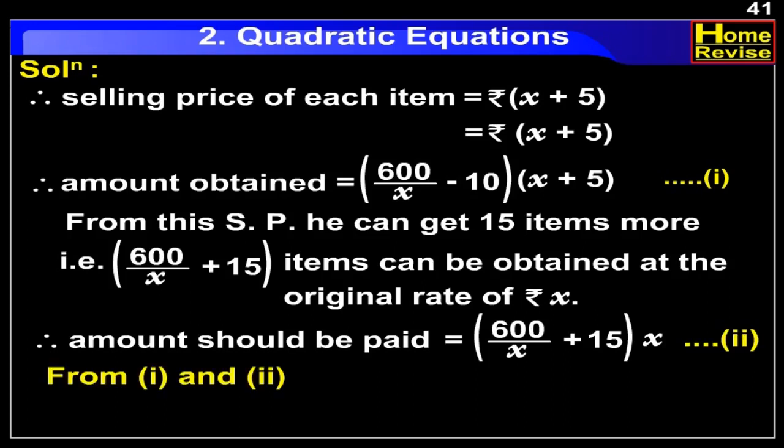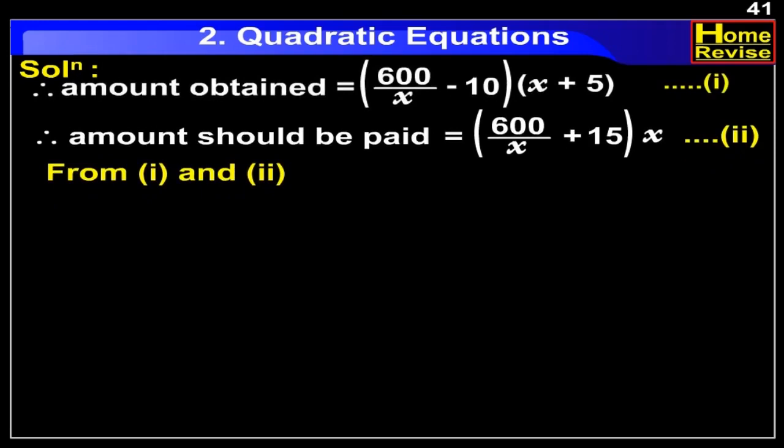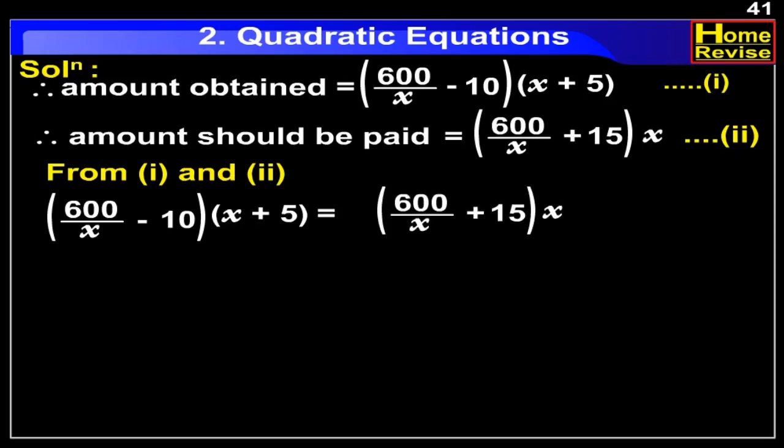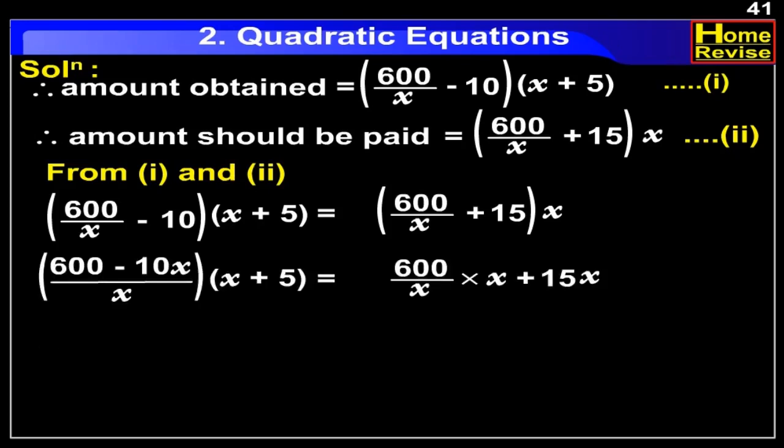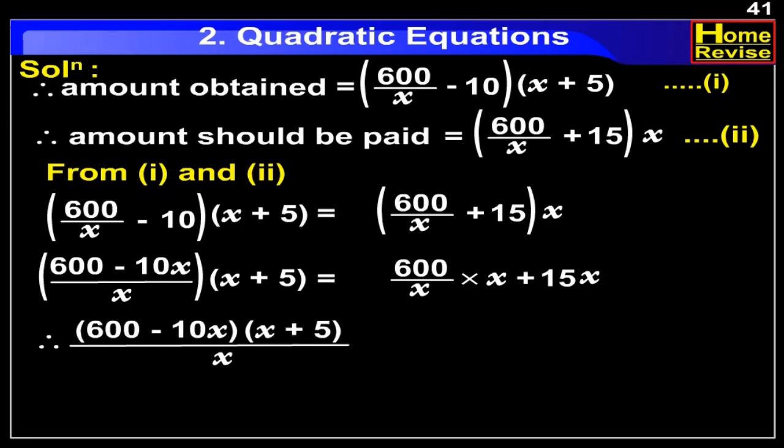Now, from equation 1 and 2, we get (600 upon x minus 10) into (x plus 5) is equal to (600 upon x plus 15) into x. Therefore, 600 minus 10x into x plus 5 upon x is equal to 600 plus 15x.